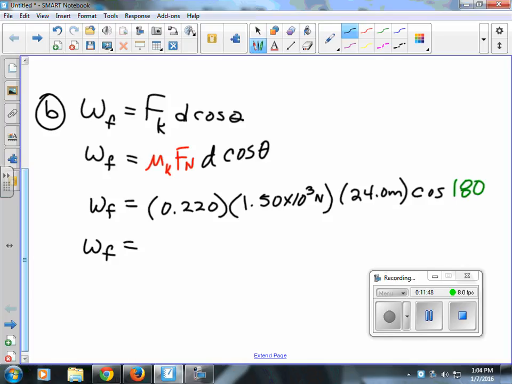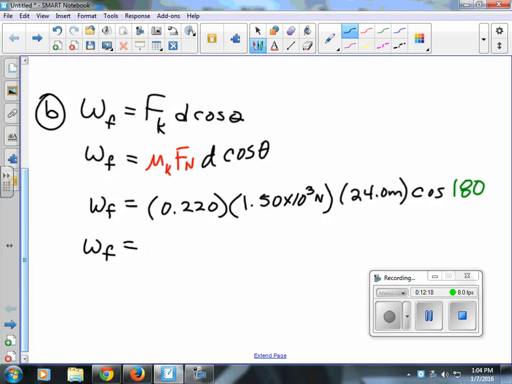Okay, so punch all that in the calculator. Wait. It should be negative, yes. Because remember, friction does negative work. Remember that from Monday?